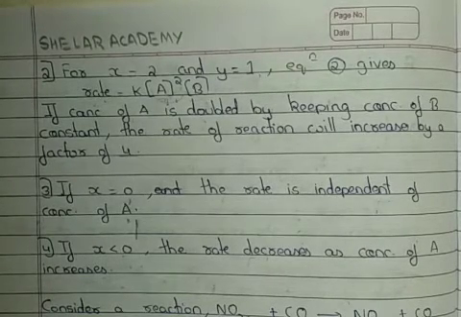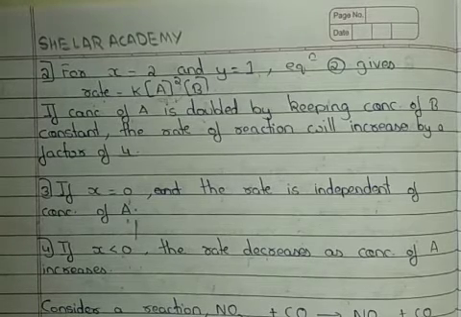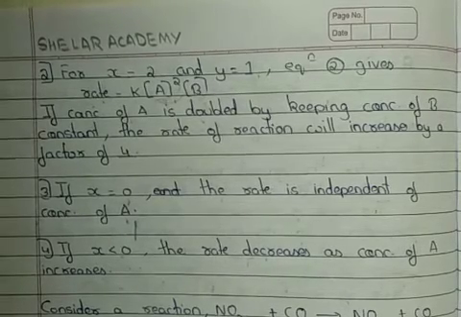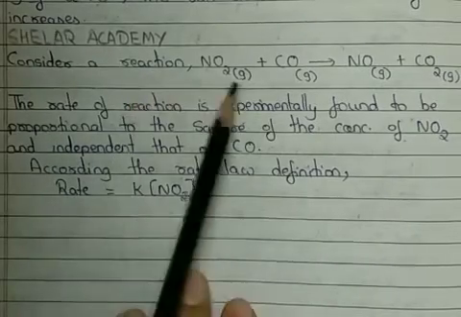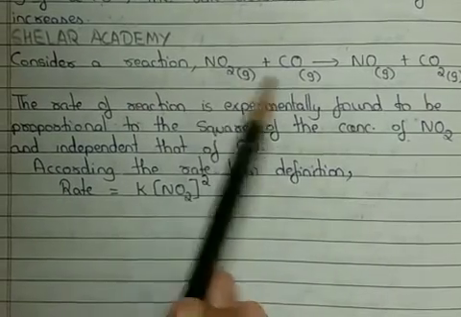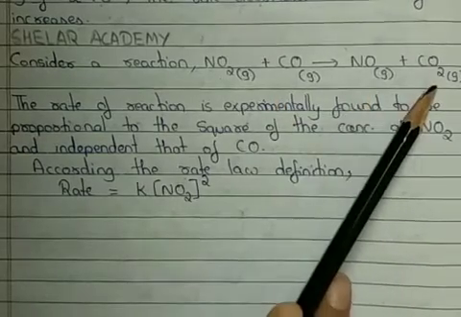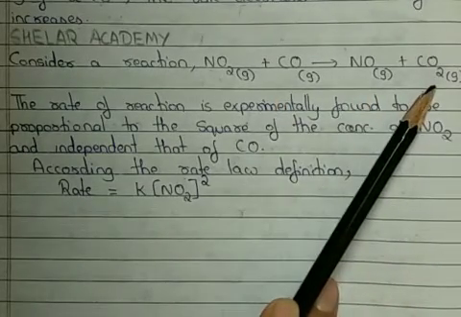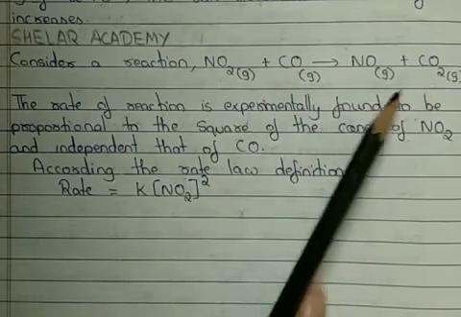Now in this I have given you a general example. Let us take one specific example of a chemical reaction. Consider a reaction where NO2 gas combines with CO gas to form NO gas plus CO2 gas. Now this is a theoretical reaction.